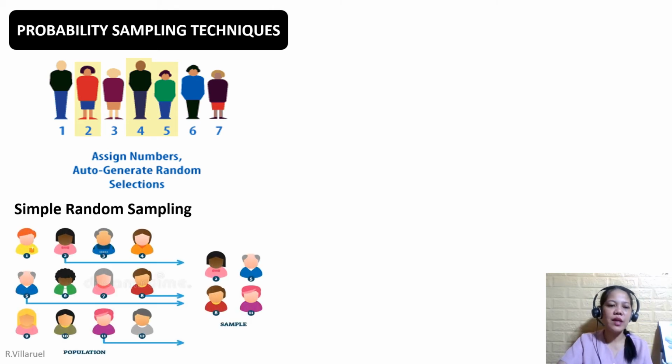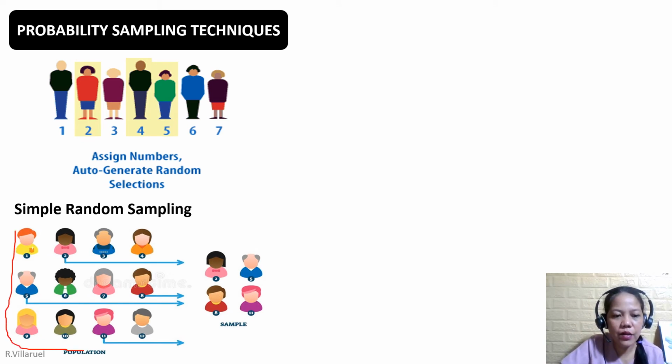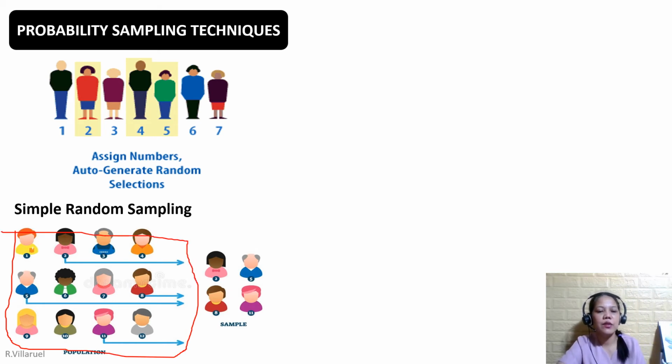So, sa picture, as you can see, ito yung target population natin. So, lahat ng nandyan sa target population, meron silang equal chances to be included in the sample. So, paano pipiliin itong mga samples na ito? So, pwede daw sabi, lottery, pwedeng draw lots, or yung mga online application na random generator.